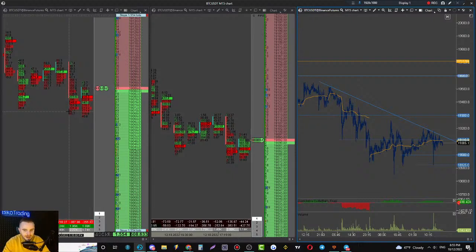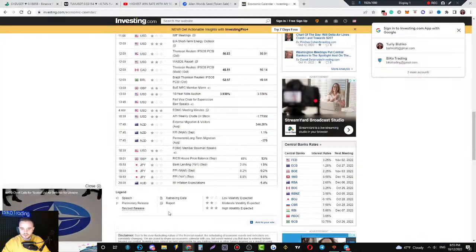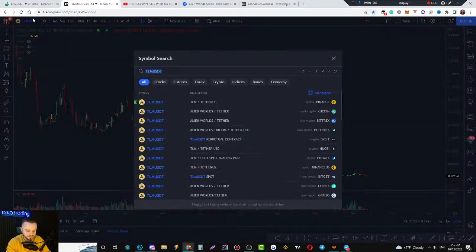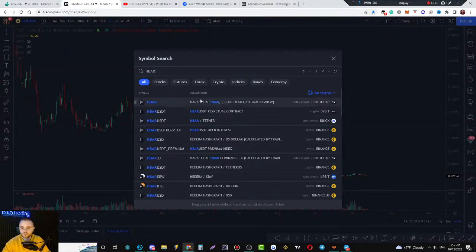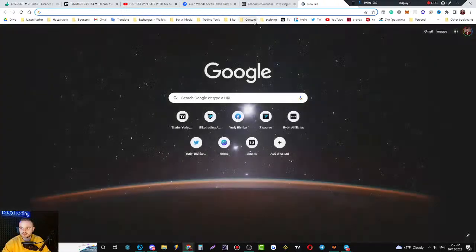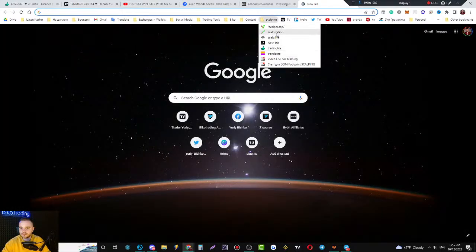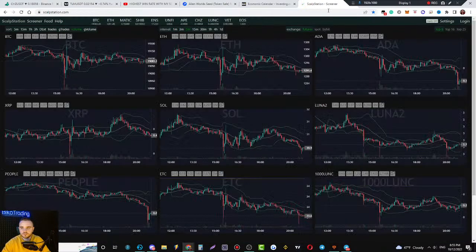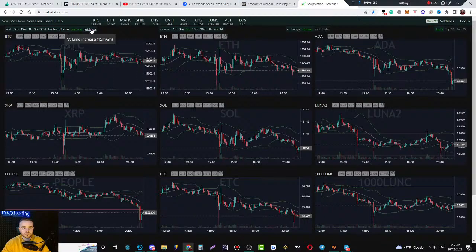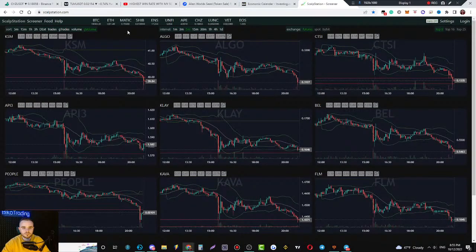If it were a money flow indicator like volume profile... HBAR, let's cover what's going on with HBAR. Algo, there is no HBAR.